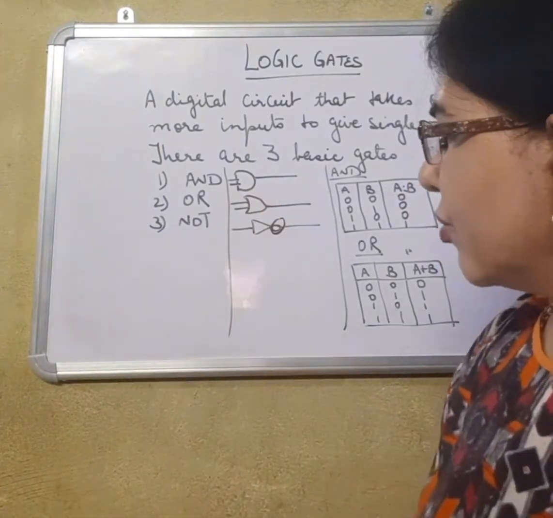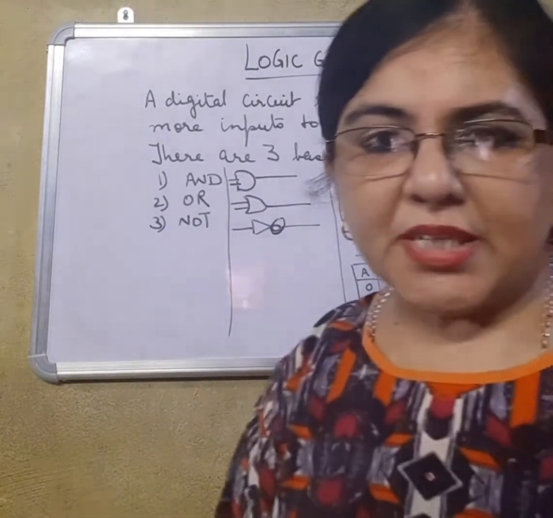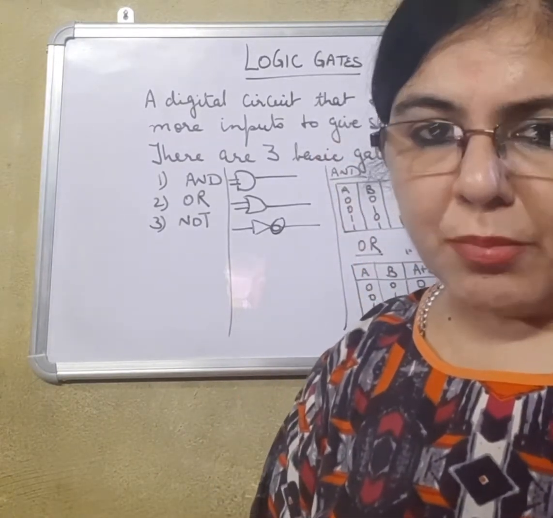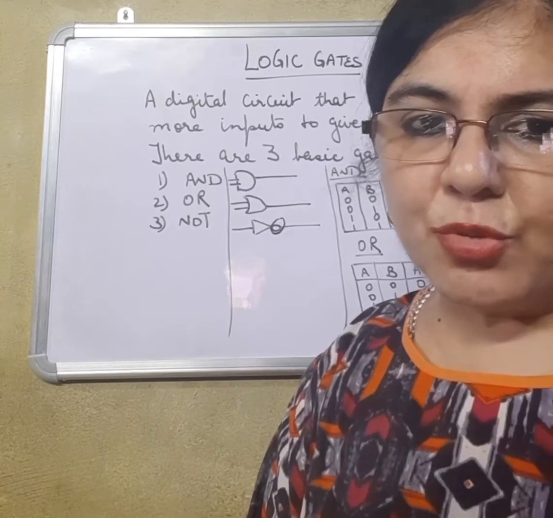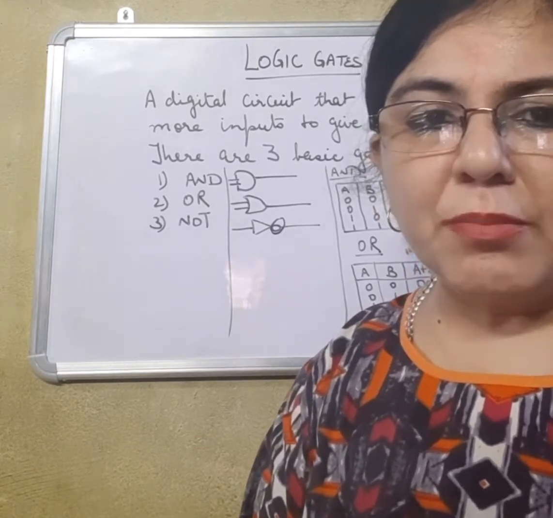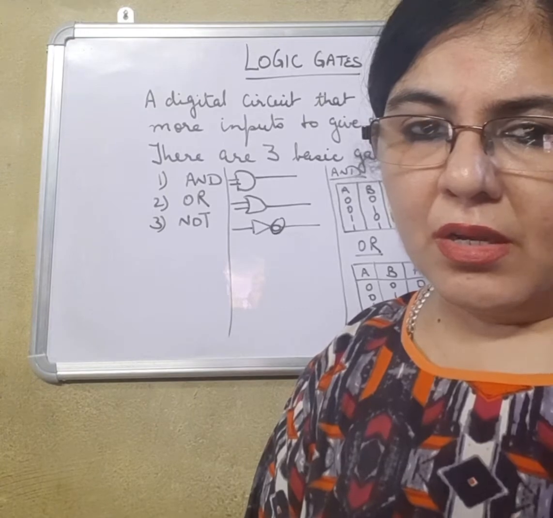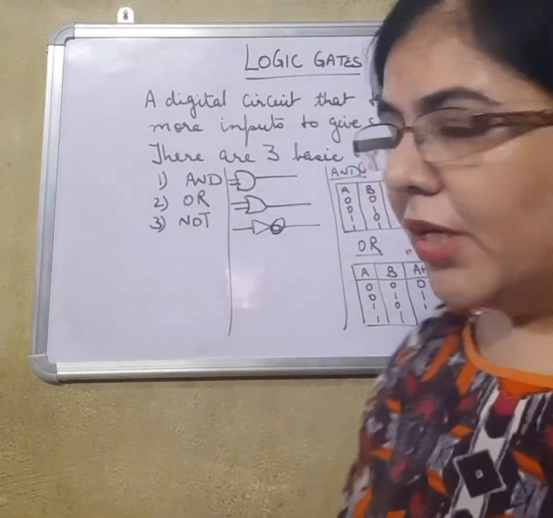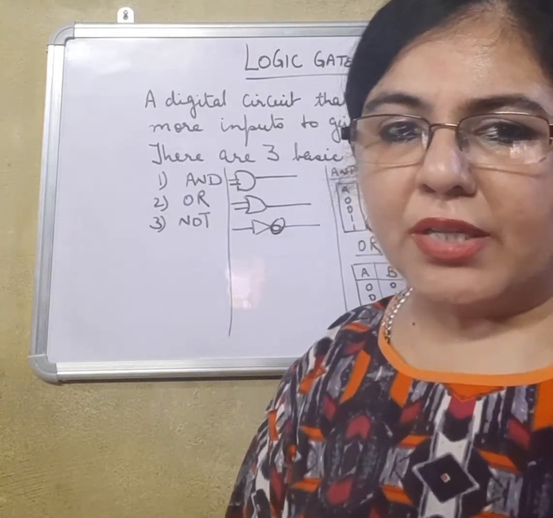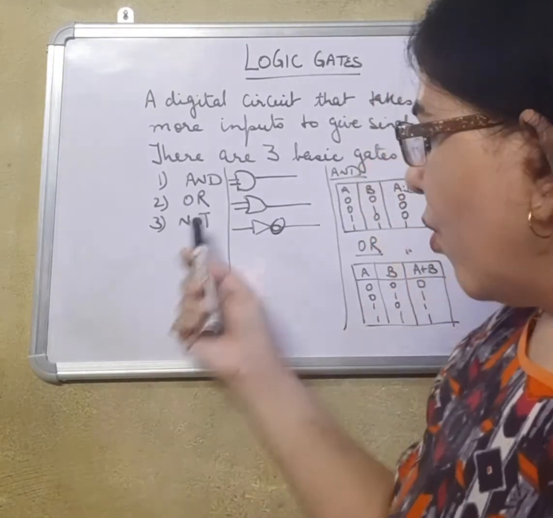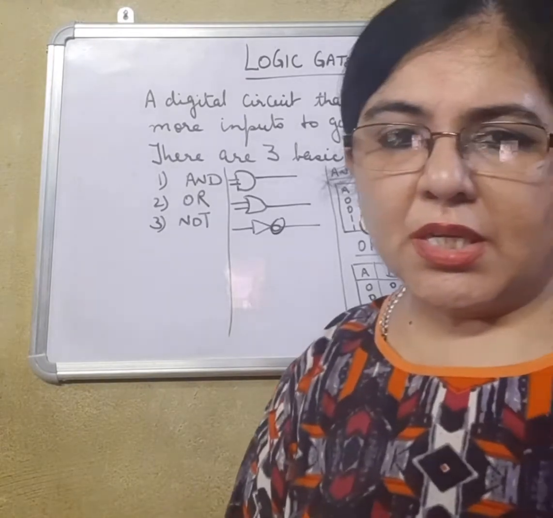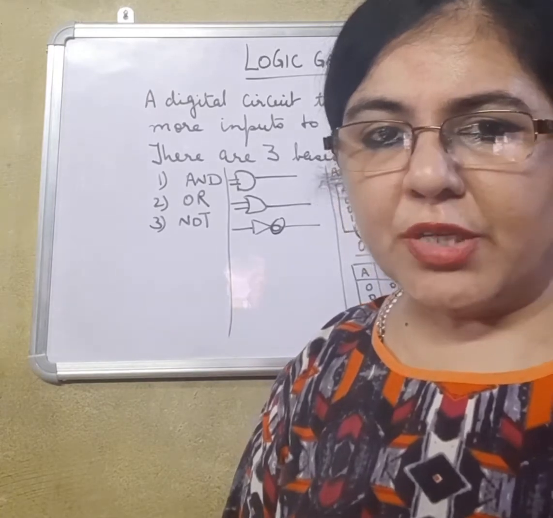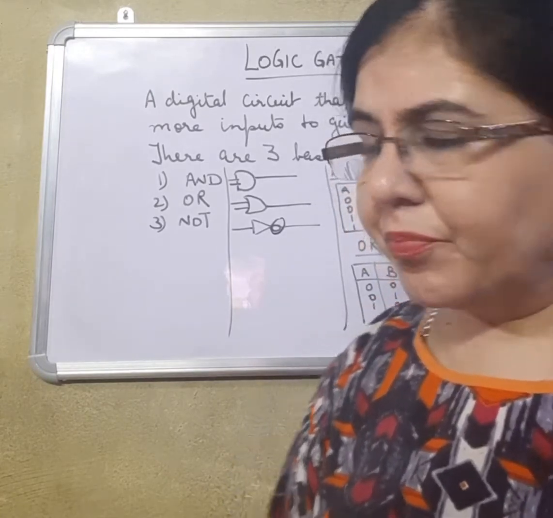Now, how do we come to know what is the definition of each gate? So AND gate requires two or more inputs, and it gives output 1 only when both the inputs are 1. That means both the inputs should be 1, only then you will get the output 1. And OR, as the name suggests, even if either of them is 1 and the other one is 0, it will give you an output 1.